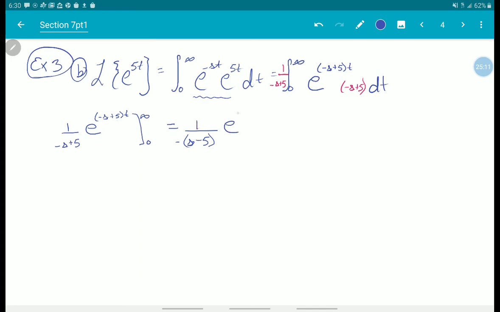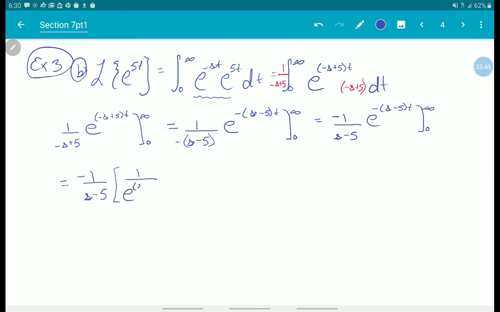I'm going to factor a negative out here also in that exponent. And then I'm going to move that negative to the top just to clean it up a little bit. And then I am going to rewrite that exponential as 1 over e to the s minus 5t. And we want to go from 0 to infinity.